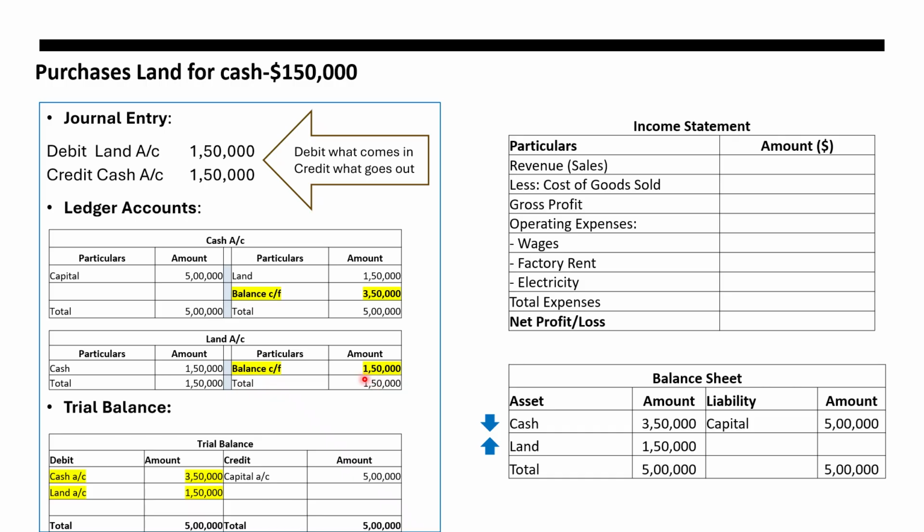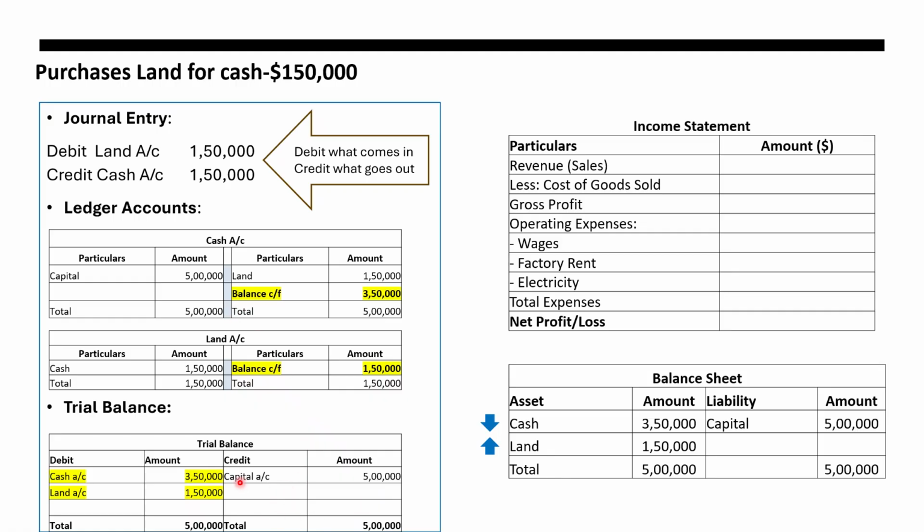Moving to trial balance. Now, at this point, there are 3 ledger accounts. One is cash, one is land, and the third is capital, which was a previous transaction. So cash has a debit balance of 3,50,000. That's shown on the debit side. Land account has a debit balance of 1,50,000, again shown on the debit side. Now, previously there was a capital credit balance of 5 lakhs.